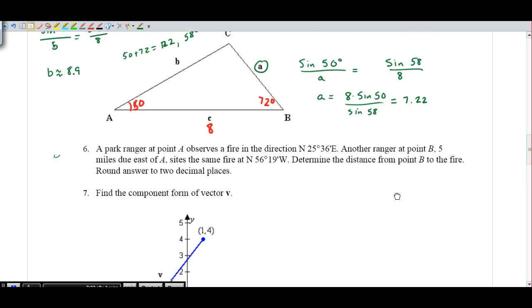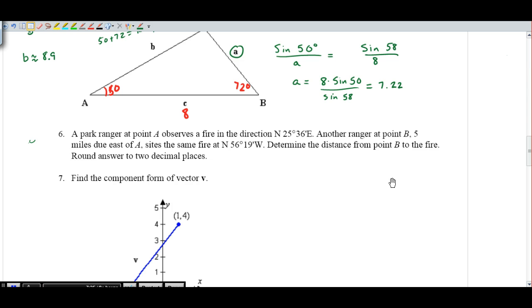Number 6 is a problem that requires a triangle. Park ranger is at point A and observes a fire here, and another park ranger observes the same fire here.